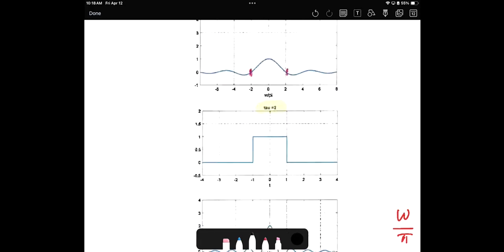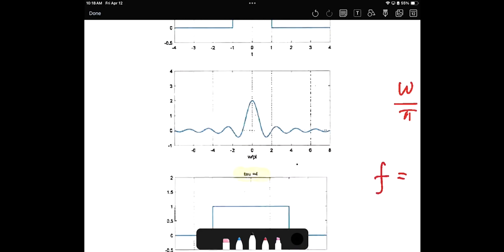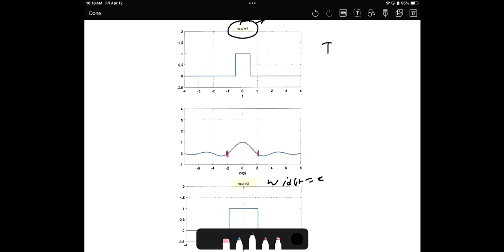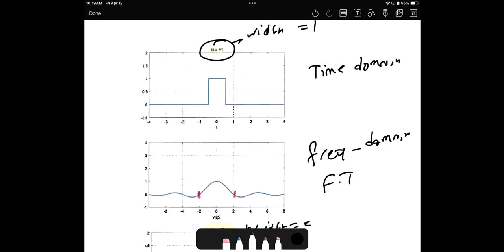Then here we'll assume width equal 2, then width equal 4. So we will see the first plot, which is the time domain, and the second plot is the frequency domain, or Fourier transform.